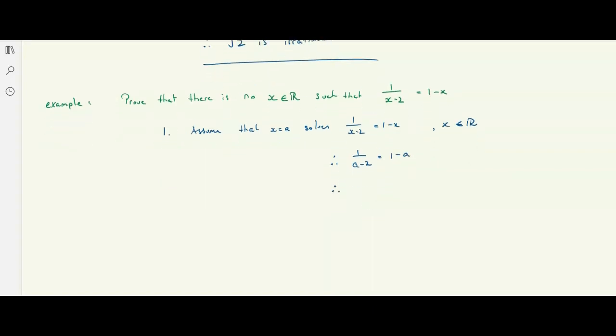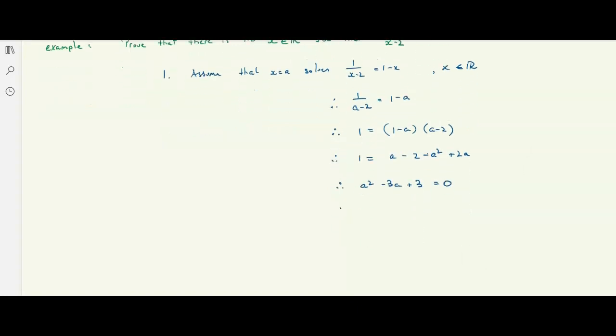So if that's the case, I've got 1 equaling 1 minus a by a minus 2. Therefore, we've got a minus 2 equals a minus a squared plus 2a. So therefore, a squared, what have we got here? We've got a squared minus 3a plus 3 equal to 0. And so therefore, a is equal to 3 plus or minus the square root of b squared, which is 9, minus 4ac, over 2a. So a is equal to 3 plus or minus the square root of negative 3, over 2. So hold on a second.